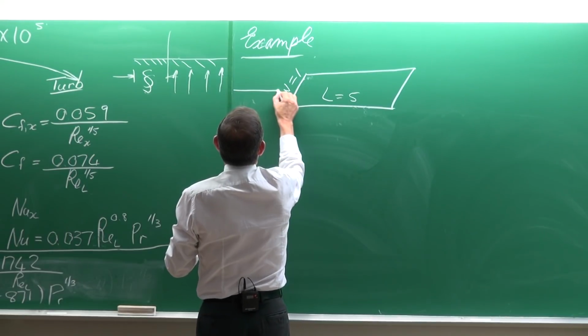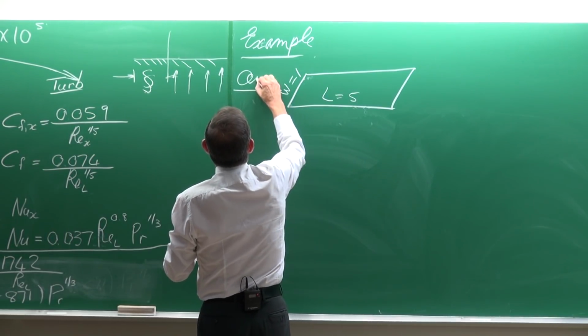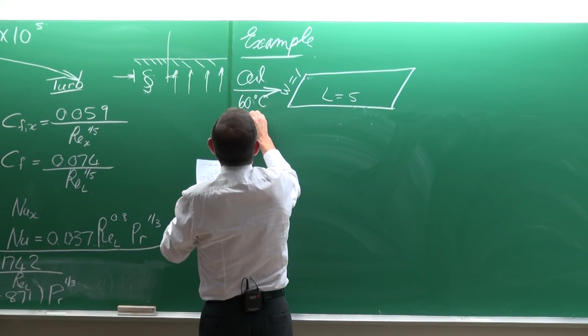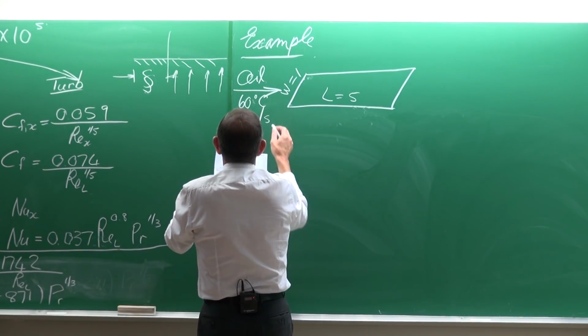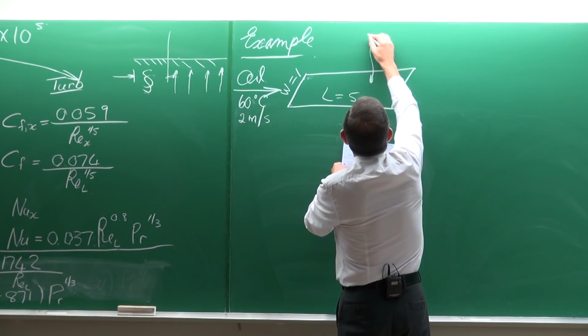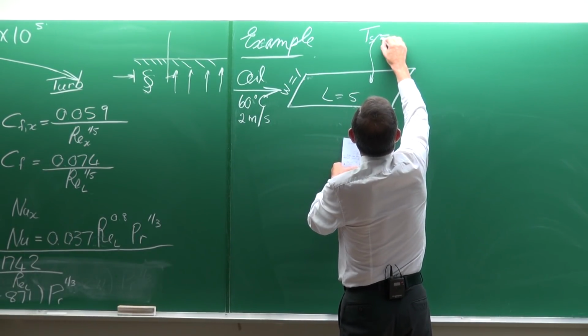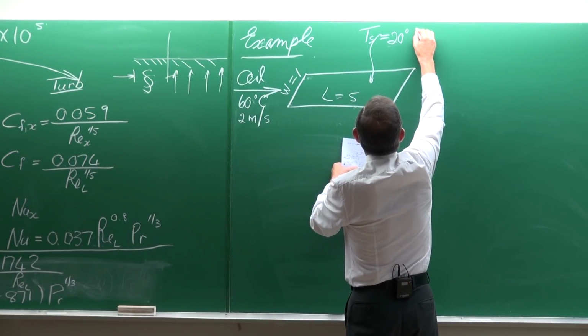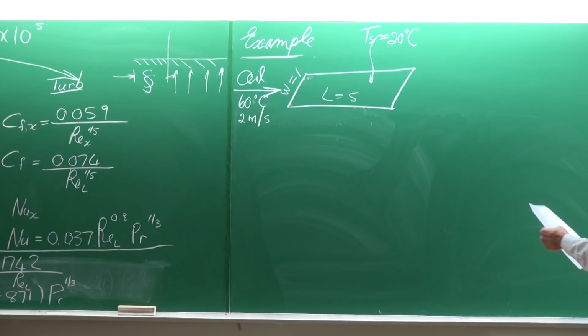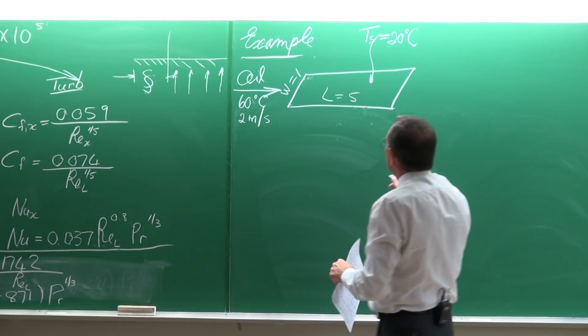And we have oil at a temperature of 60 degrees Celsius and 2 meters per second flowing over this plate, and the surface of this plate is at 20 degrees C. It is maintained at 20 degrees Celsius. And we would like to determine two things.